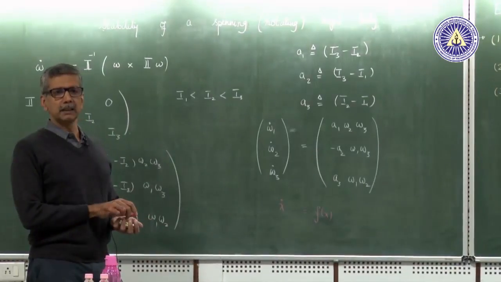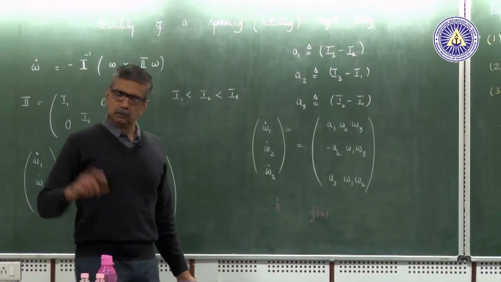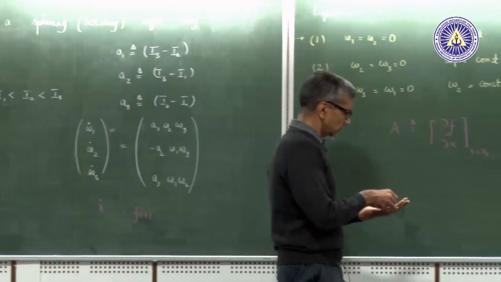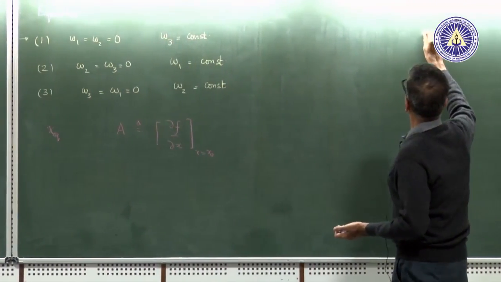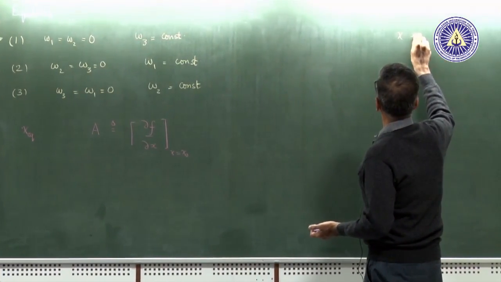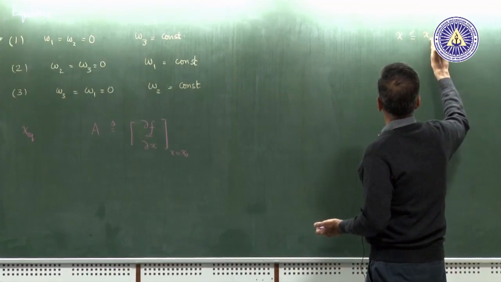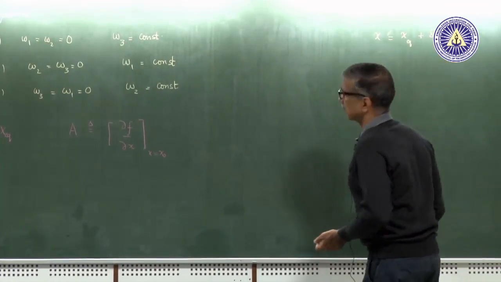Has everybody seen this anywhere before? How does this come about? Just to give a simple explanation, you have an expansion of x as x equilibrium plus some deviation, right.